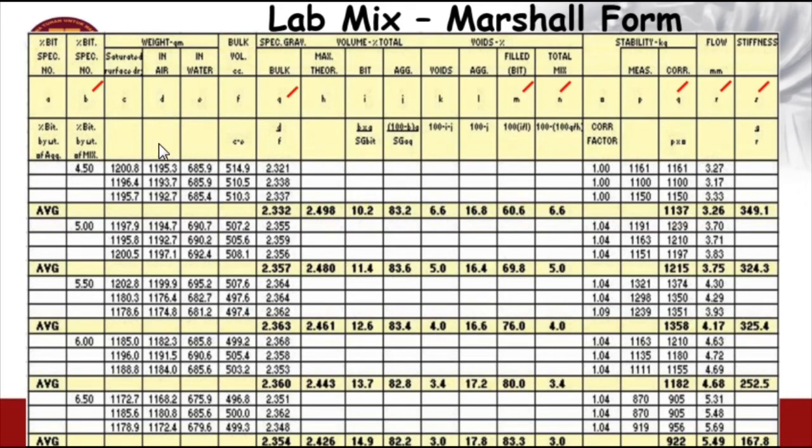These values will be plotted versus the trial bitumen content. Bear in mind, only the average value will be considered for the plots. Okay, let's have a look at the graphs.